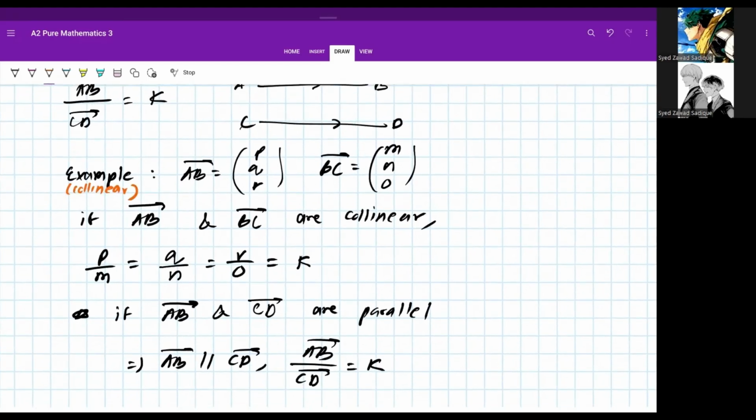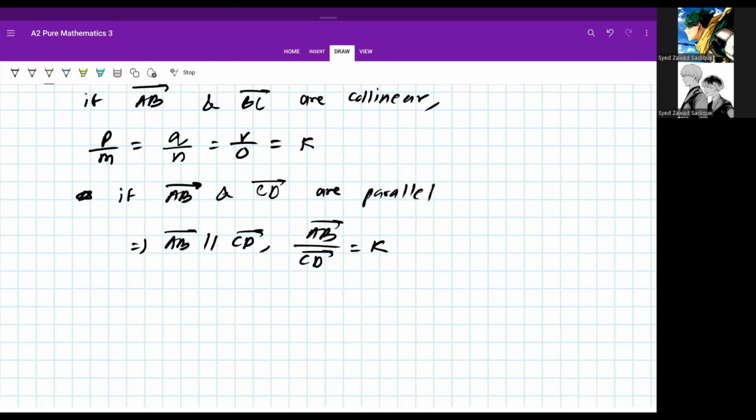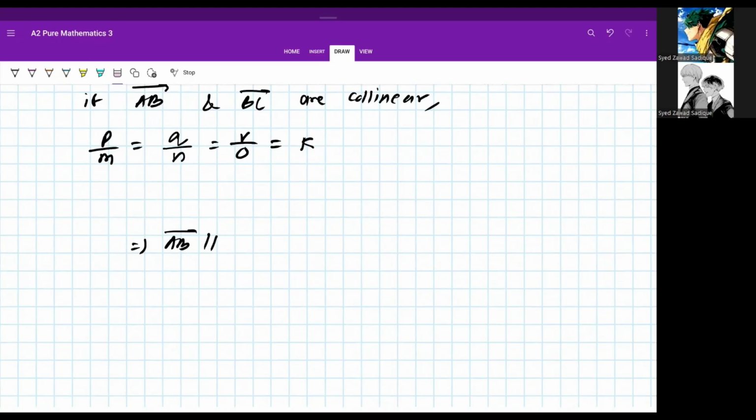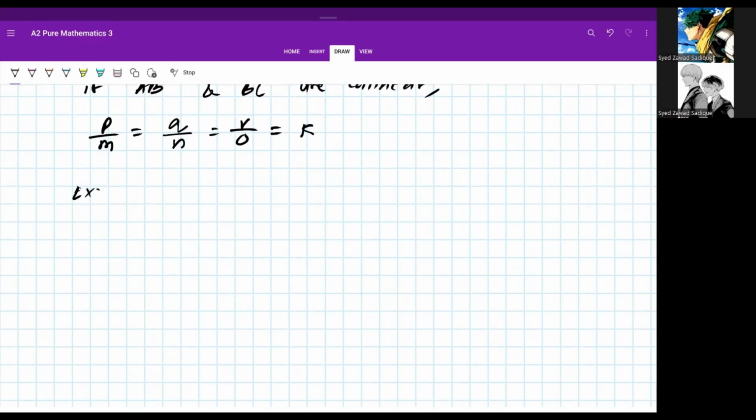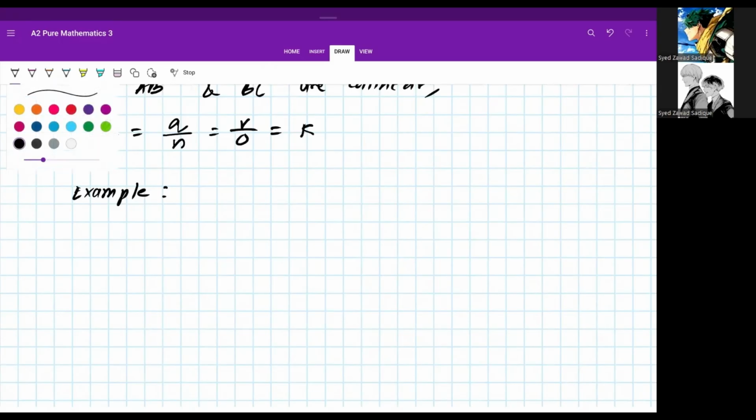Collinear. Just write. Okay. Example for parallel.